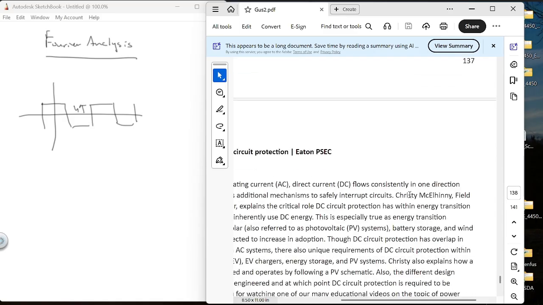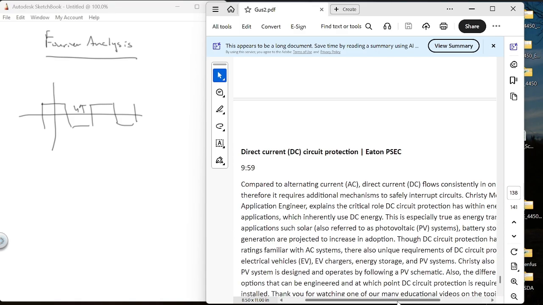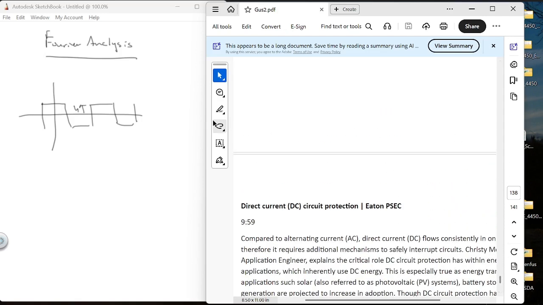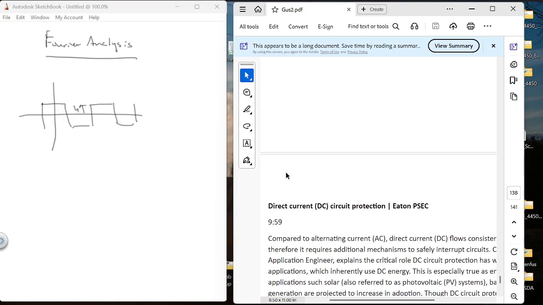Okay, that's about it. We're going to start next week, on Wednesday of next week, since we don't have class on Monday, on motors and motor control circuits.